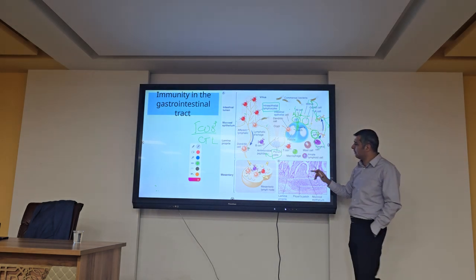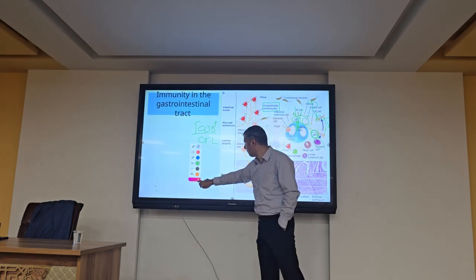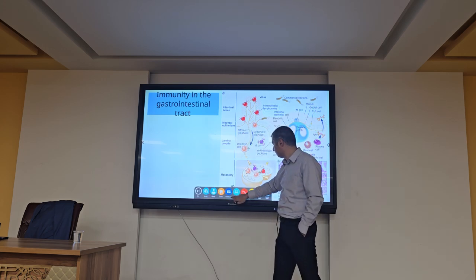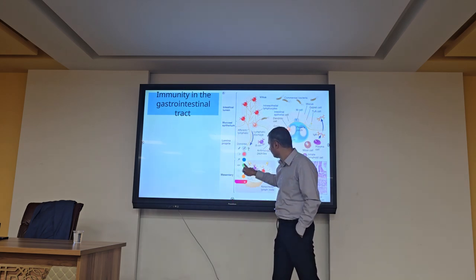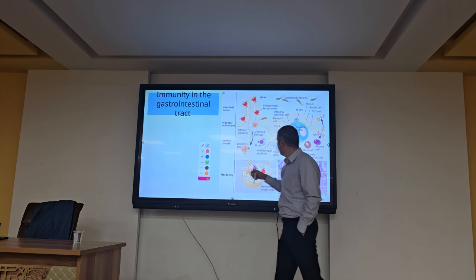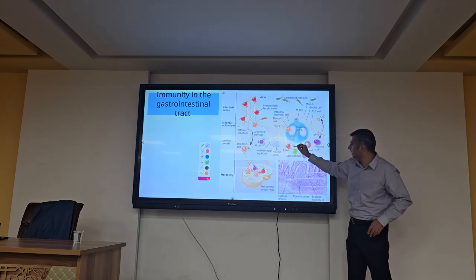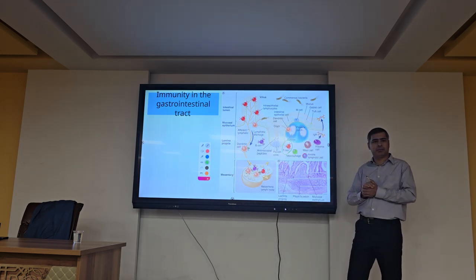And besides, we have T cells in the connective tissue.